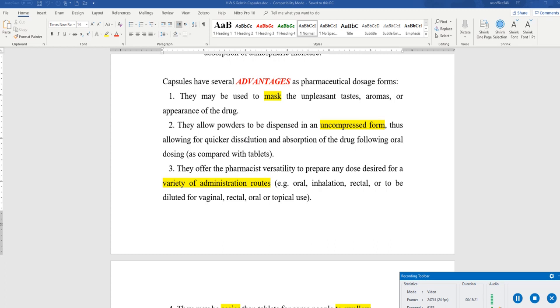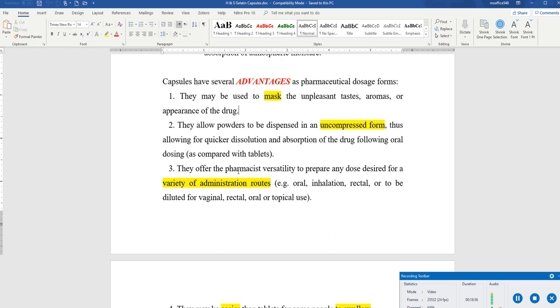So once the capsule shells dissolve, the material inside, because it is in uncompressed form, will dissolve faster compared to tablets. Tablets, as I said before, are compressed to a hard extent, and therefore their breakup will take more time compared to the uncompressed form of the capsule-filled materials.